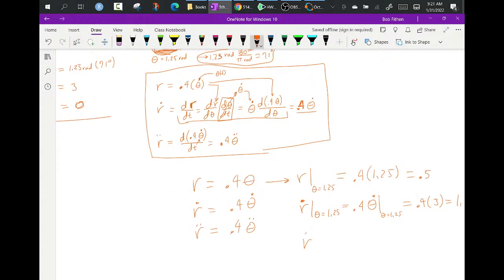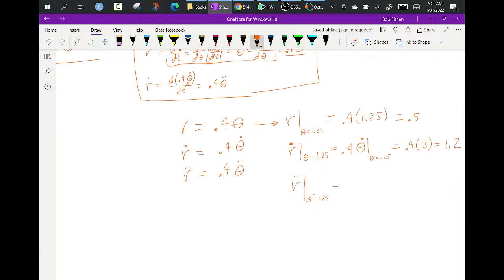Now I can do the r double dot at theta equal to 1.25. And what I get there is 0.4 theta double dot at theta 1.25.